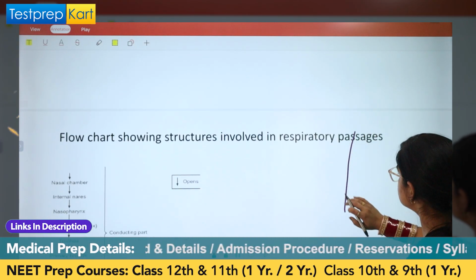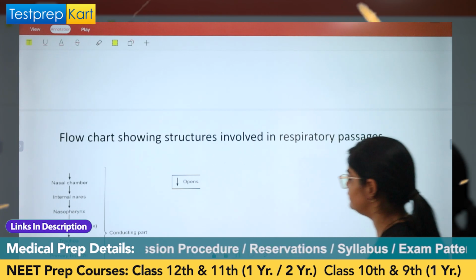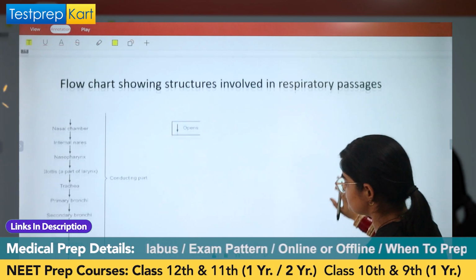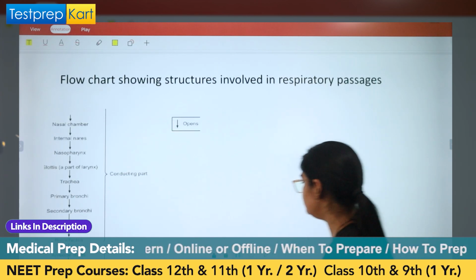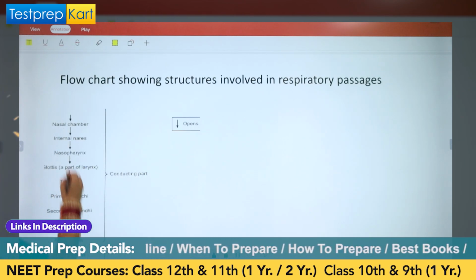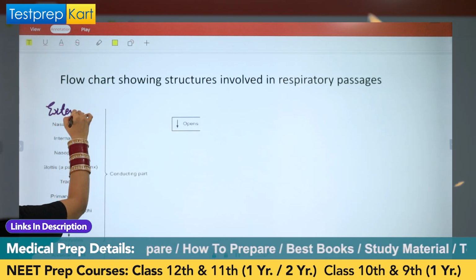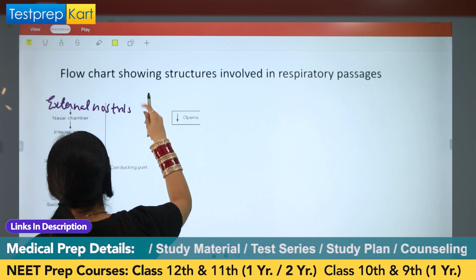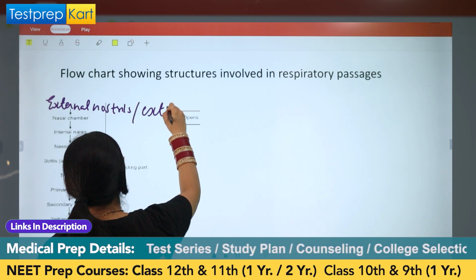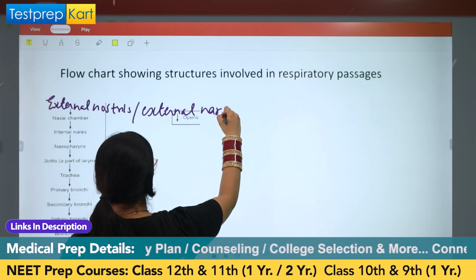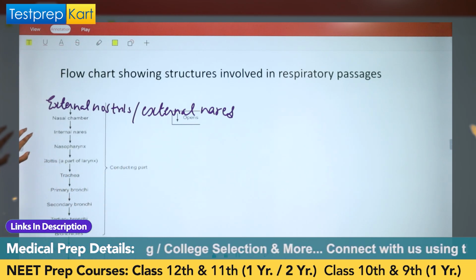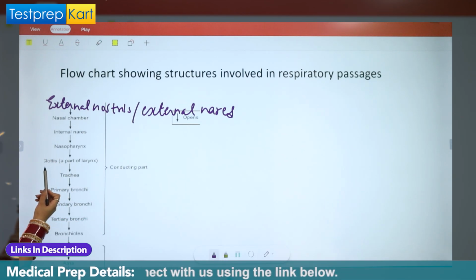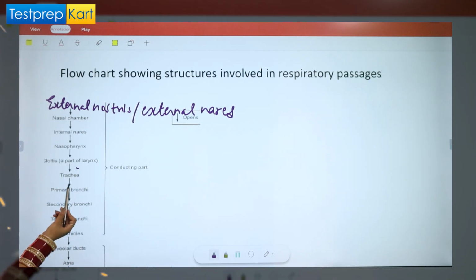When we talk about the respiratory passage, for better understanding we have a flow chart showing the structures involved in the respiratory passage. We start with the external nostrils, which are the external nares. Air will enter with the help of the external nares and move towards the nasal chamber, then to the internal nares, then the nasopharynx, then the glottis, then the trachea.